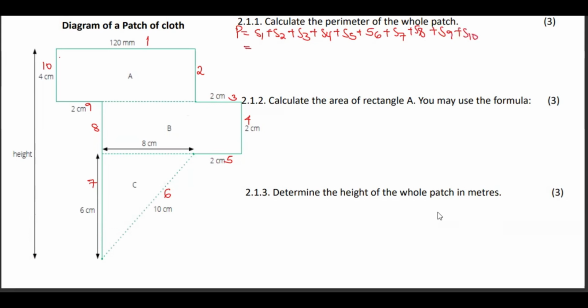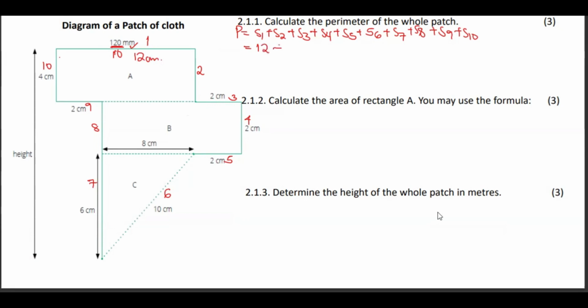Our side 1 is in millimeters. Remember, when you're calculating these measurements, everything has to be in the same unit. So if side 1 is in millimeters, we need to divide by 10. Why are we dividing by 10? Because most of them are in centimeters, so I want this one to become centimeters too. When I divide by 10, I end up having 12 centimeters. Now I'm good to go.